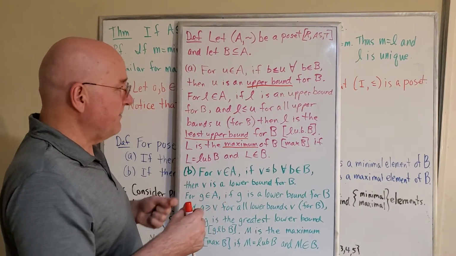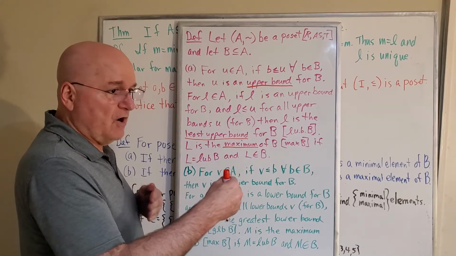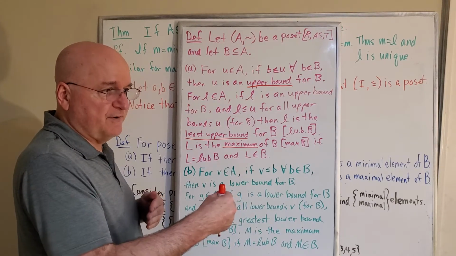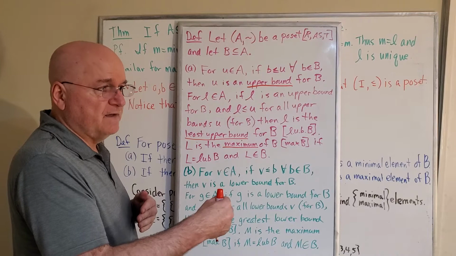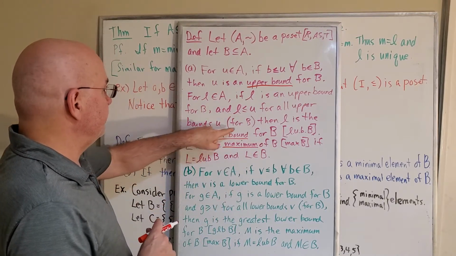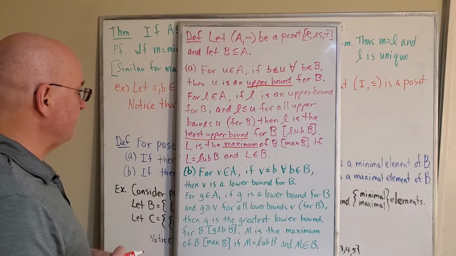The least upper bound doesn't have to be in the set, but it's greater than or equal to all of the elements. And there's no other number greater than or equal to all of them, yet smaller than, what did we call it? Script L, the least upper bound.